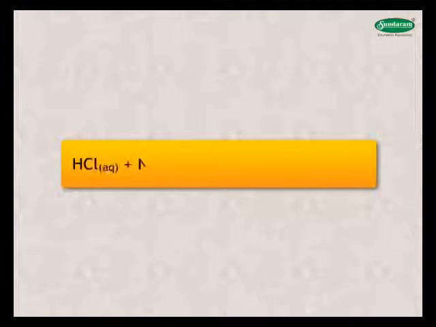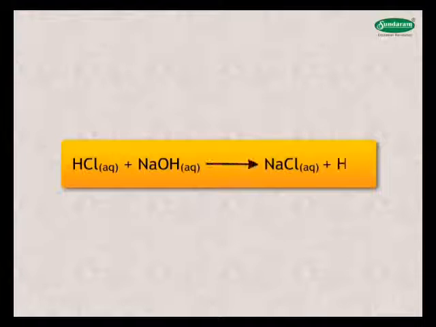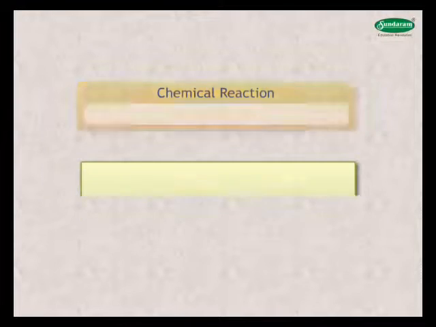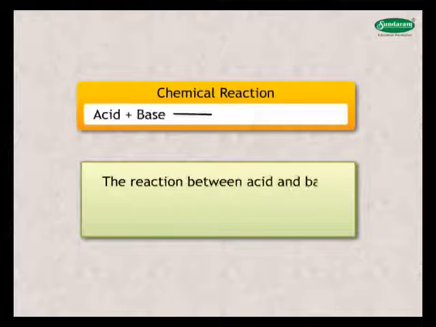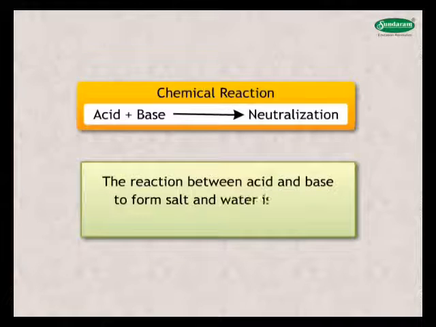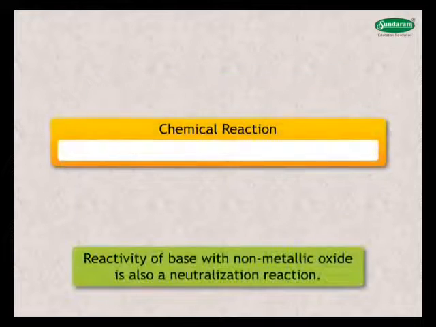The chemical reaction taking place can be represented as HCl aqueous plus NaOH aqueous gives NaCl aqueous plus H2O. The reaction between acid and base to form salt and water is termed as neutralization.